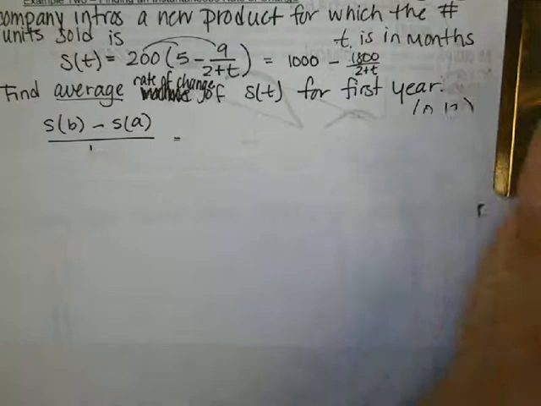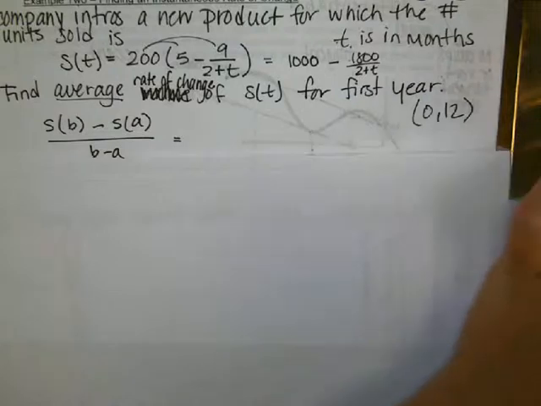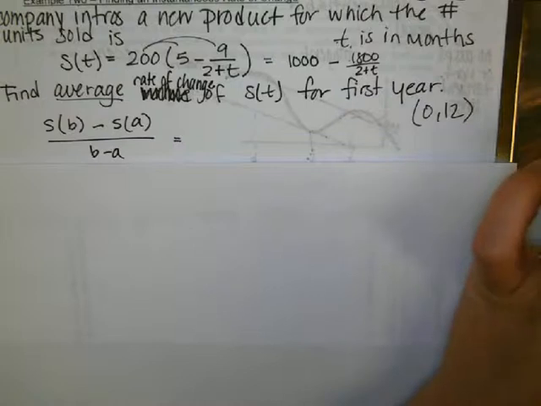So I'm going to put the function in my calculator here. So 1,000 minus 1,800 divided by 2 plus t, or 2 plus x. Go to my table. If I plug in 0, I get 100. If I plug in 12, I get 871.43.